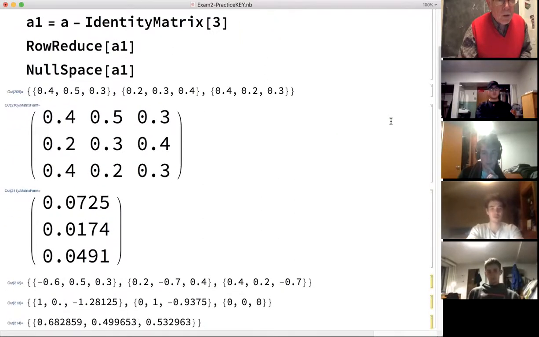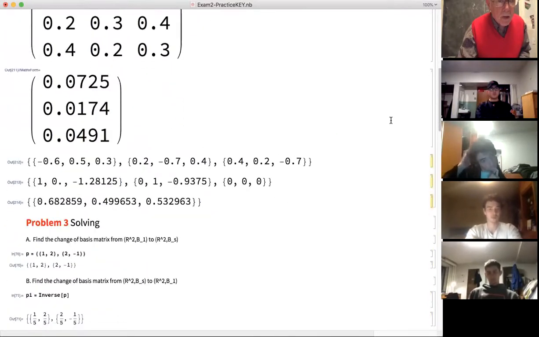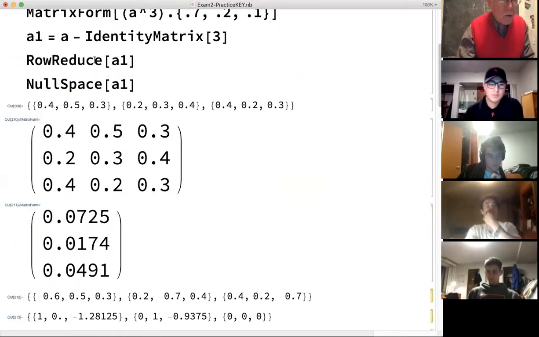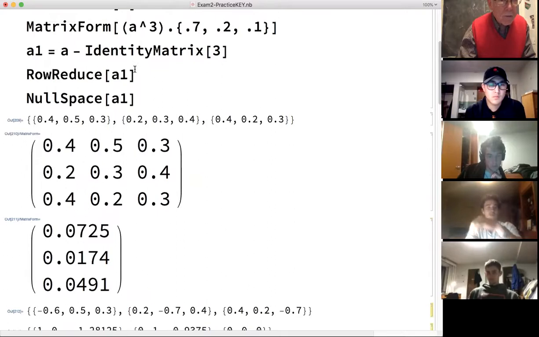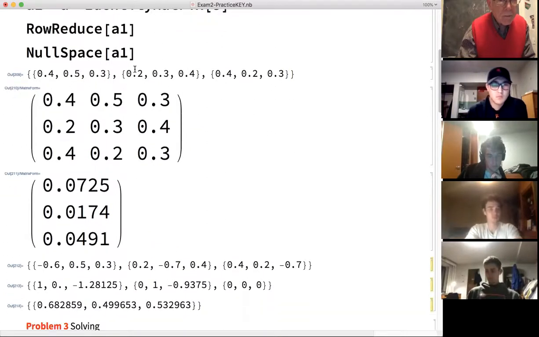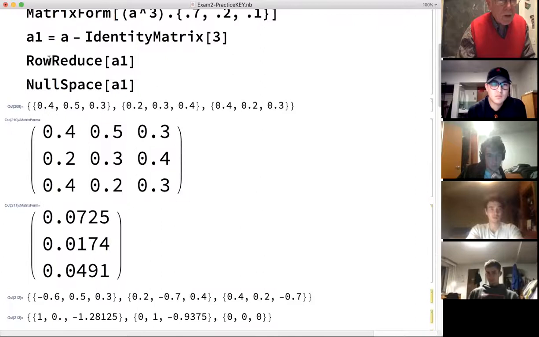So I row reduced it, and that was this matrix. I didn't look at it in matrix form, but after we row reduced it, these are equations. So we want to look at those equations. Row reduced A1. And let's look at the matrix form of that.